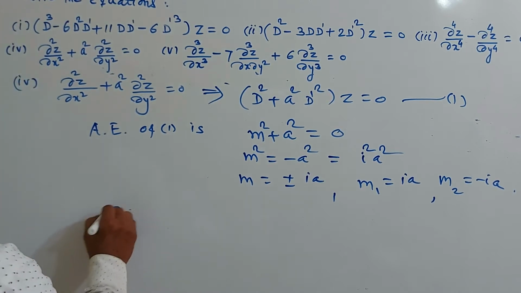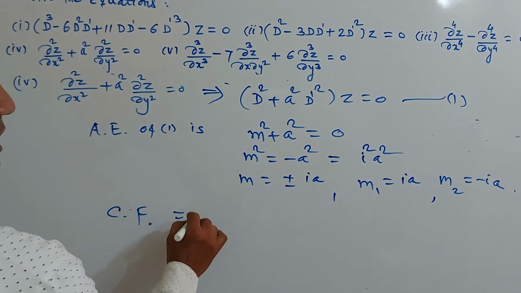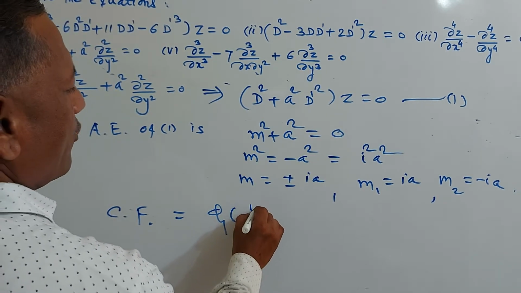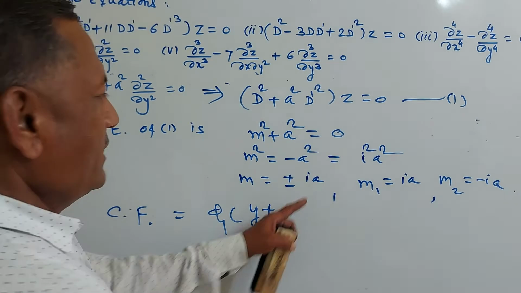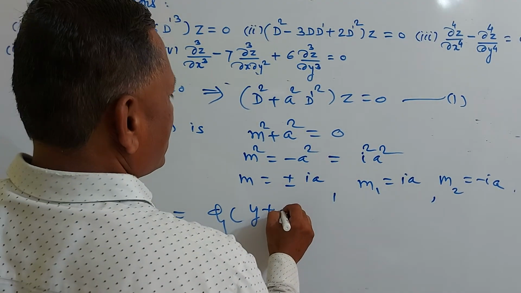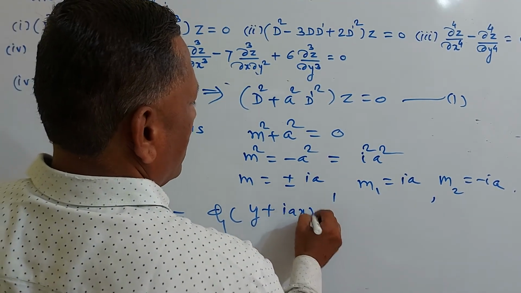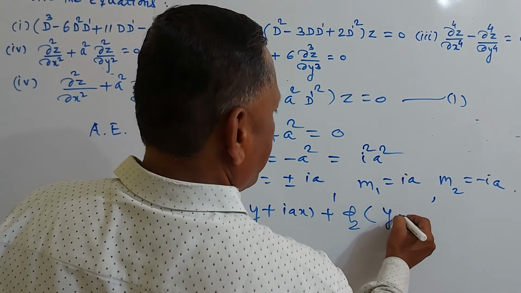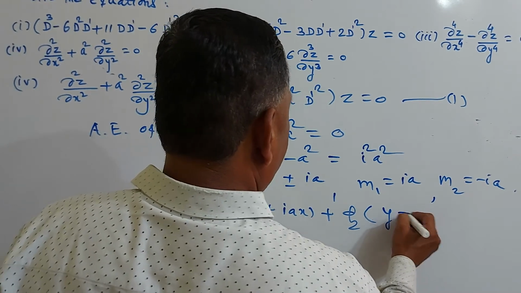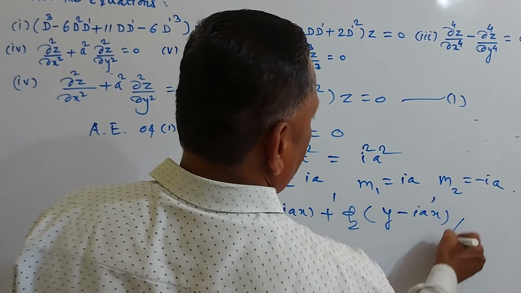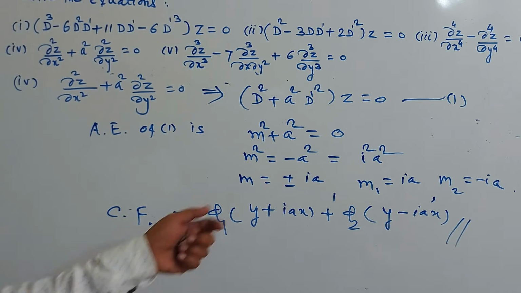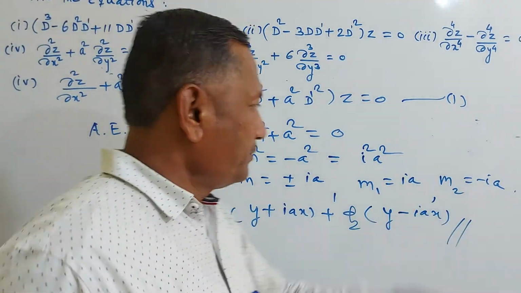Therefore the complementary function of 1 is equal to phi1 of (y plus m1x), with m1 meaning ia, y plus iax, plus phi2 of (y plus m2x), meaning y minus iax. So this is the required general solution of the given partial differential equation. It means only a complementary function. Here again i and minus i are distinct.